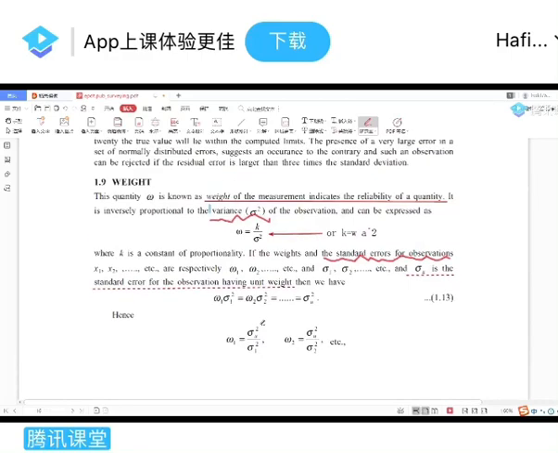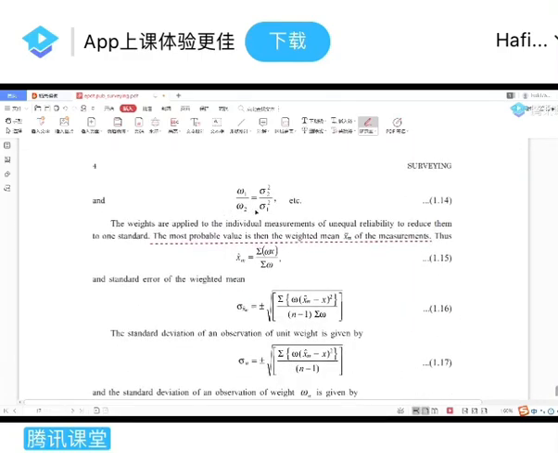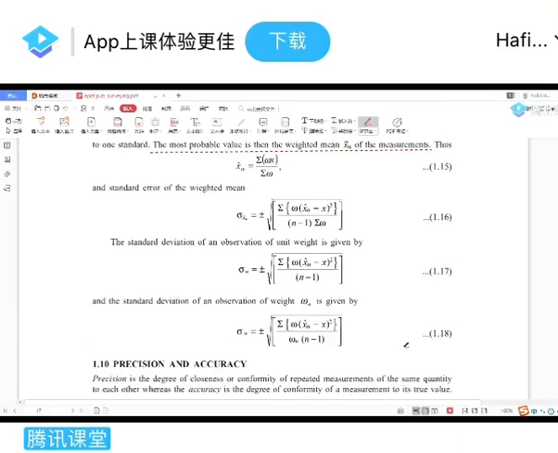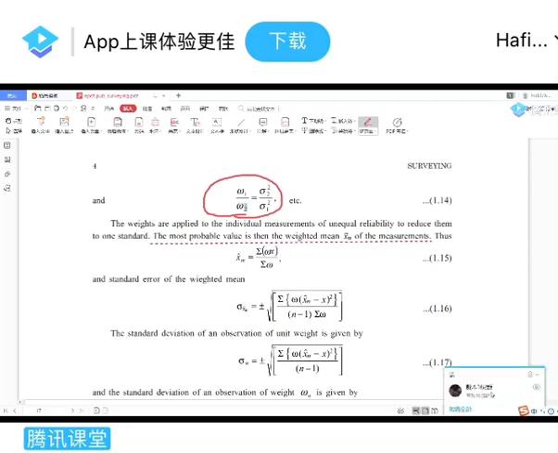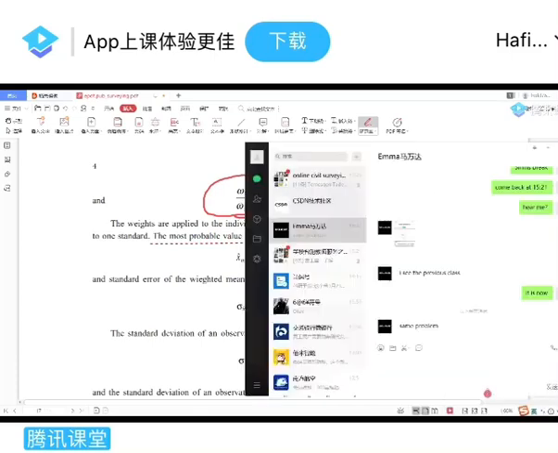So it's supposed to adopt this one. This one is the variance of the data. This is how we define what we call the weight. Okay. Same problem. What do you mean?